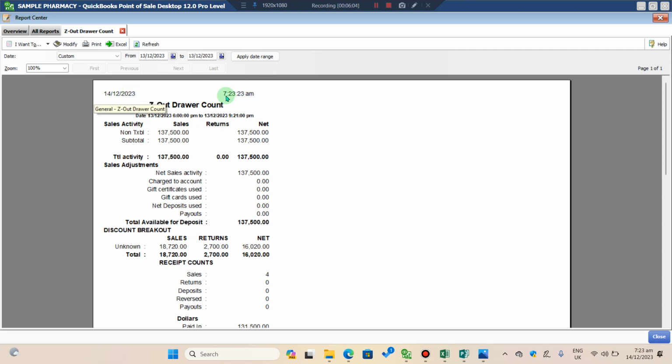Like I'm doing this in the morning, 7:23 a.m. And this is the range that I'm balancing. So here on sales activity, these are the sales you have made, including cashless transactions like MO626, swiping, Mpamba, Airtel Money, all of them. These are my sales that I have made.